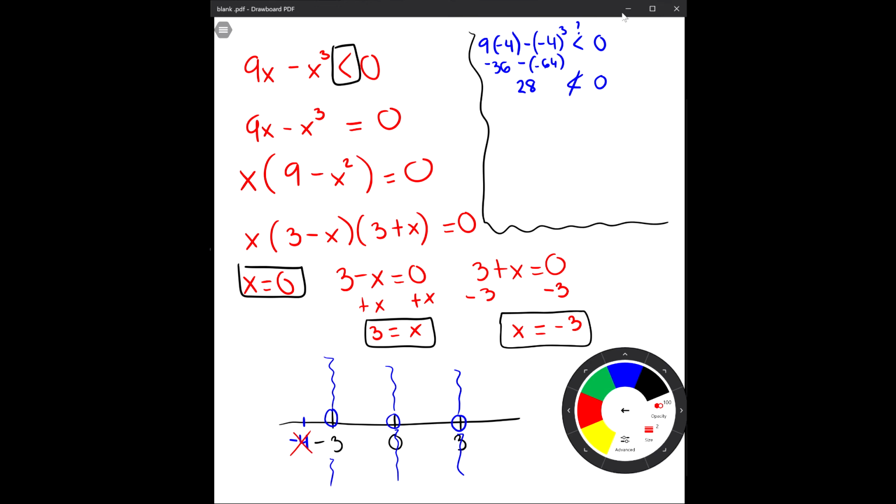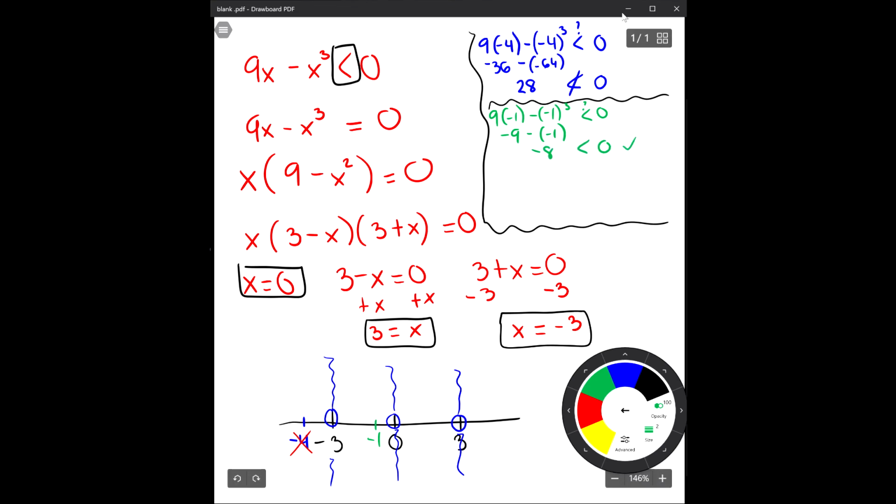Now I pick another value between -3 and 0, so I can pick -1. Test with -1: 9 times -1 minus -1 cubed, less than 0? I have -9 minus -1, which means -9 plus 1, giving -8. And -8 is less than 0.